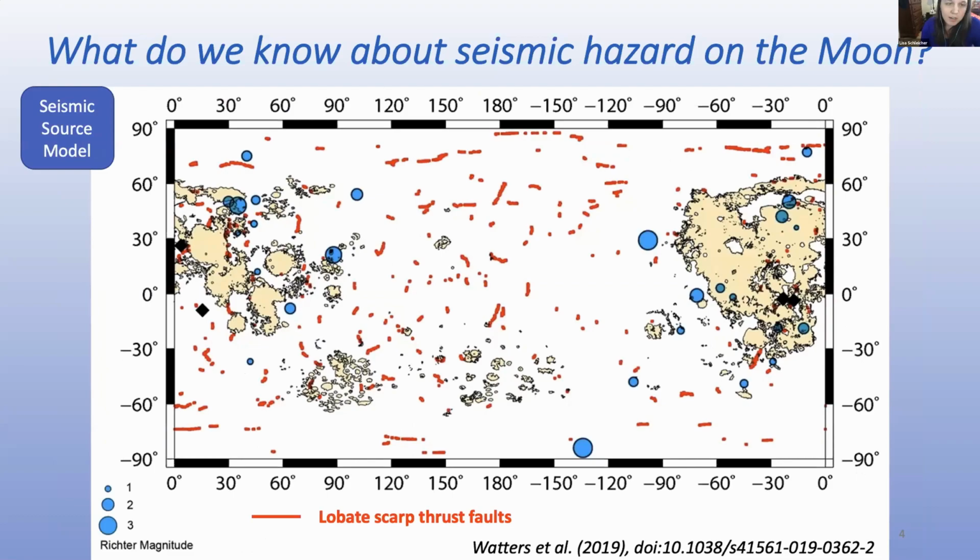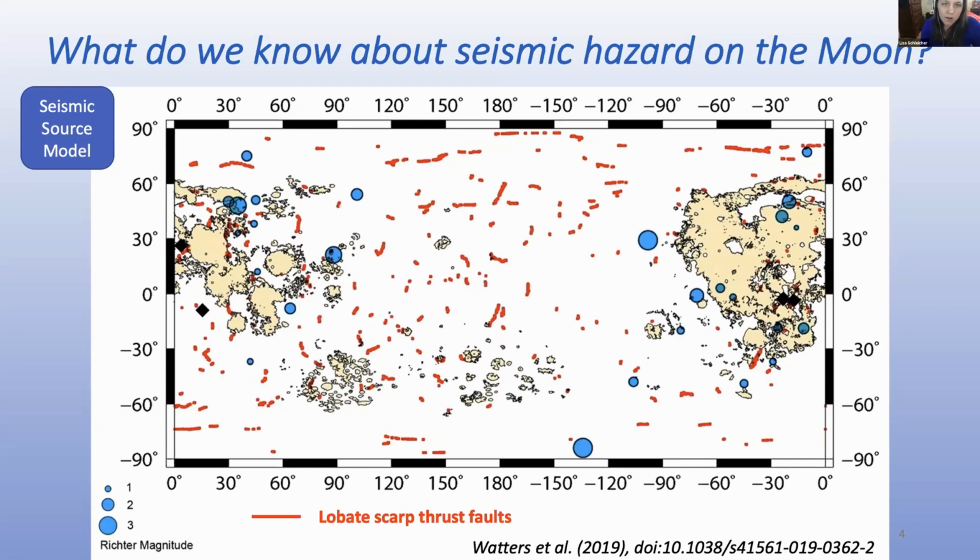So anytime you have a recently active fault, that gets considered in your seismic hazard analysis with the idea that it could be active in the future, or at least these faults give us an idea about how the moon is currently deforming. Here on this map, you can also see some of the shallow moonquakes, some of which have been associated with some of these faults. So we have a great global scale fault map for the moon.